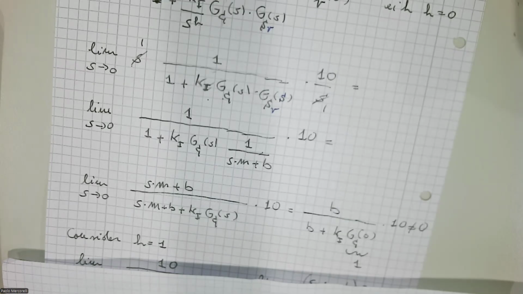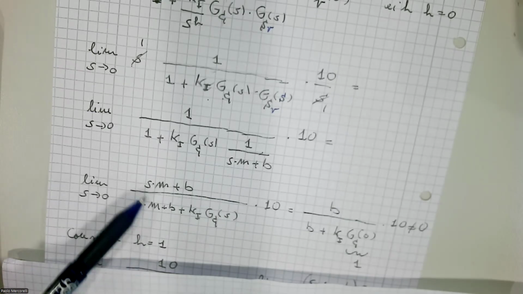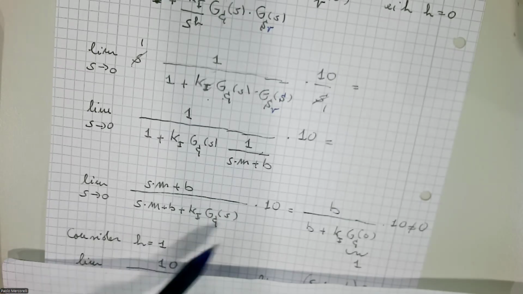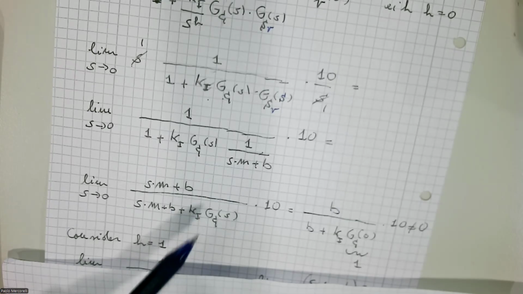Then look, we can directly calculate the limit, because for s equals 0, this will disappear, this will disappear. I assumed, and we will discuss this assumption a little bit later, that Gc of s for s equals 0 is equal to 1. In any case, please assume it is not 0.